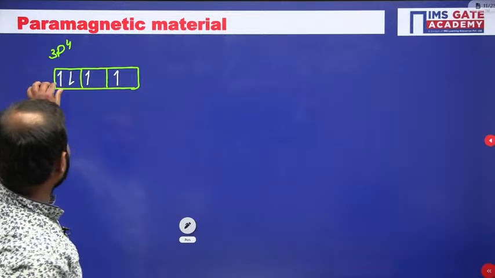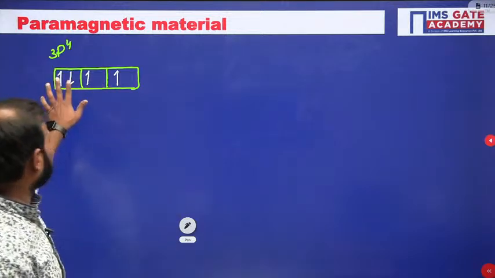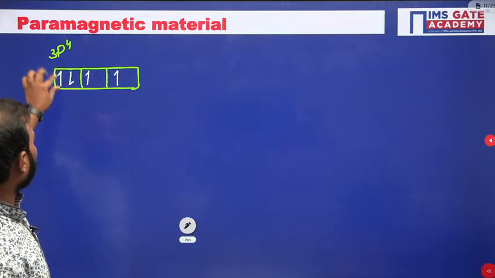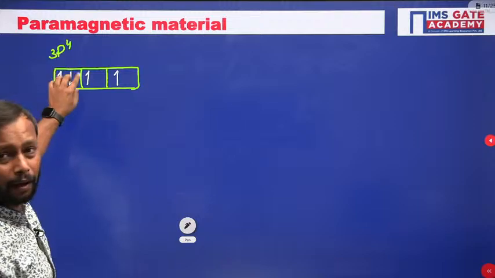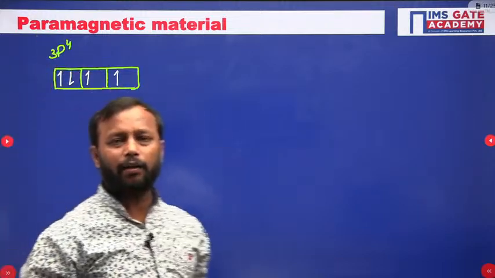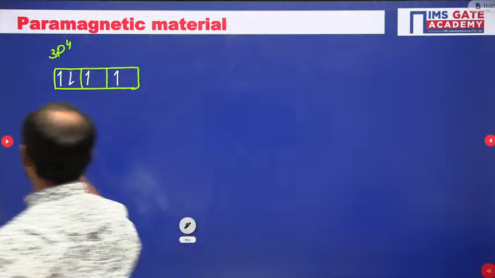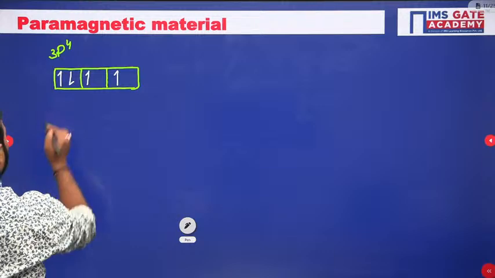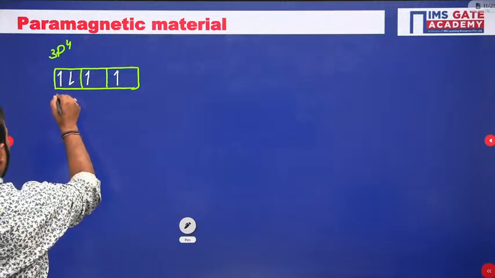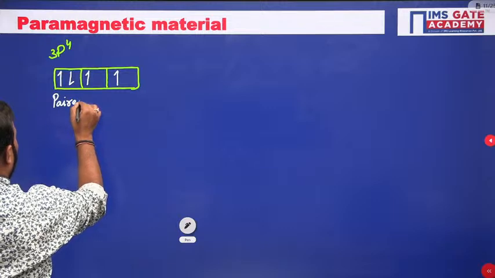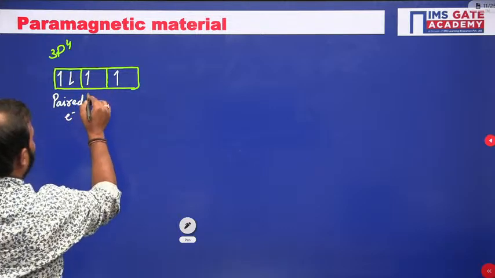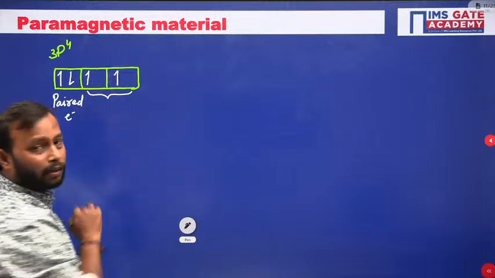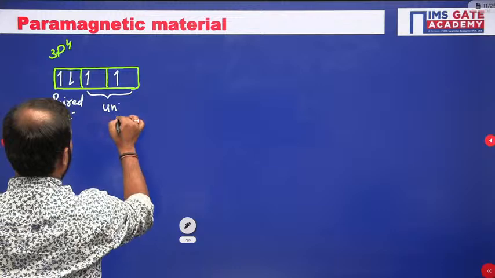Now this first part is your paired electrons. If you see, you have 1 pair, one in the upward direction and another in the downward direction. So basically this is said to be your paired electron. And if you see the second and third parts, you do not have pairing of electrons. So this is said to be unpaired electrons.